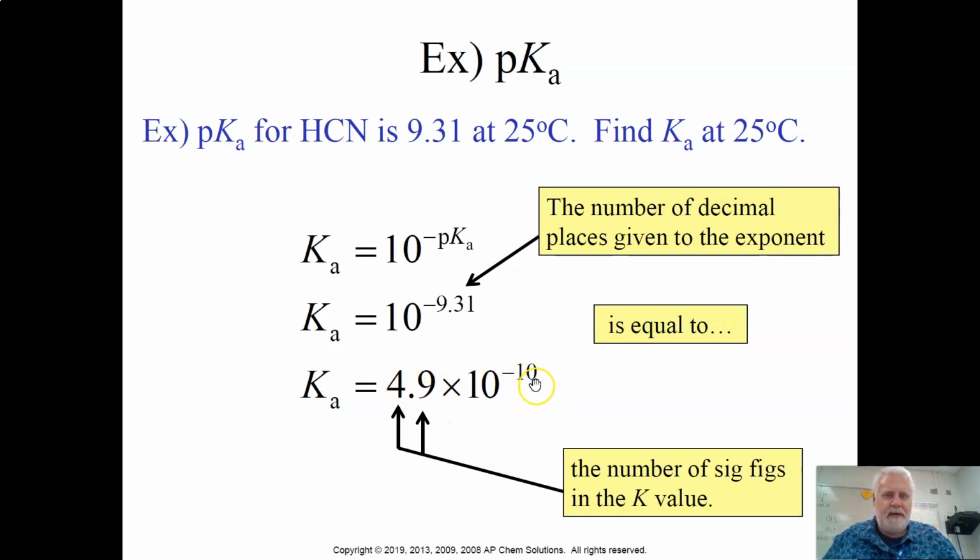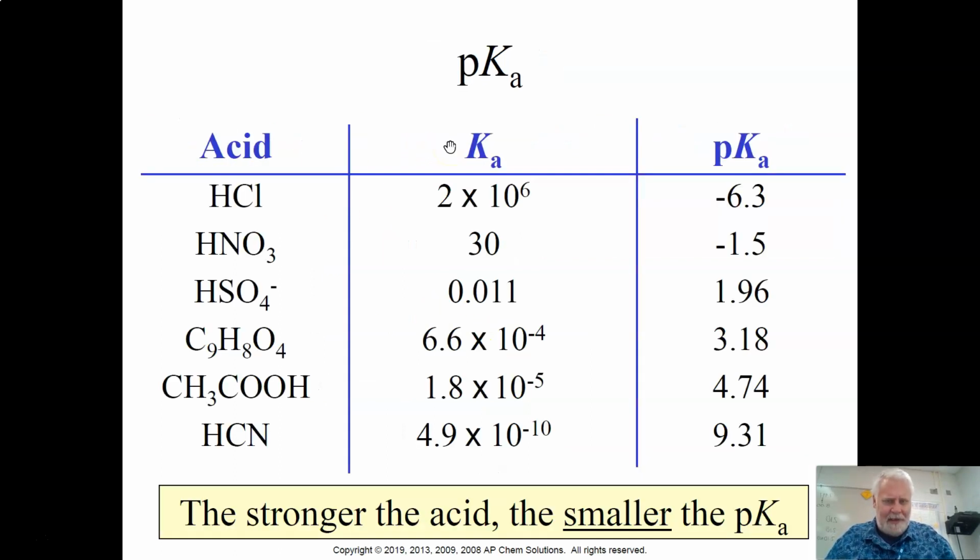So this is a numerical constant saying, yeah, you got a pretty weak acid there. The pKa value, as you can see, was relatively high. So those things are inversely related there. If you got a really big Ka, you got a really small pKa.